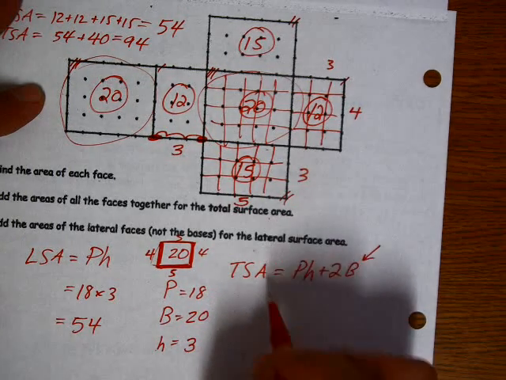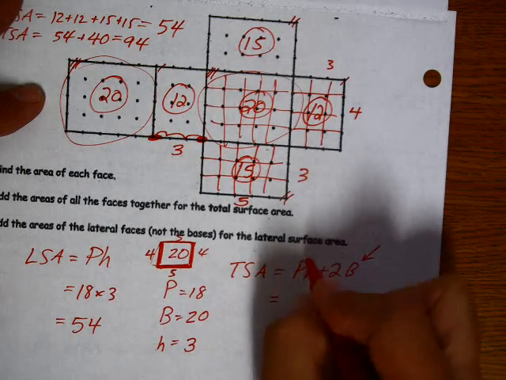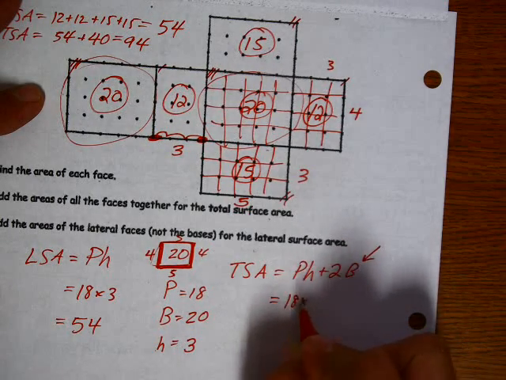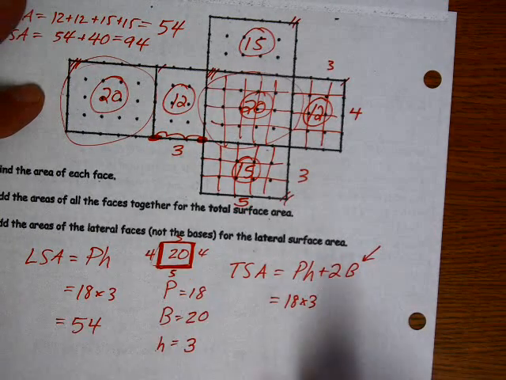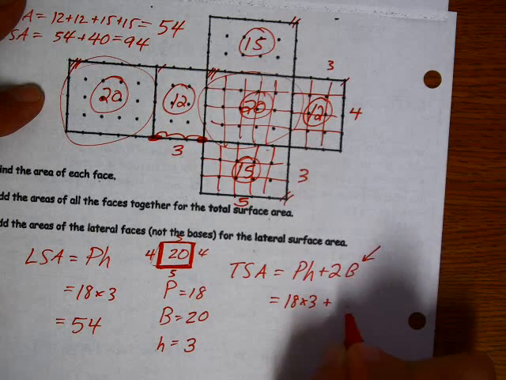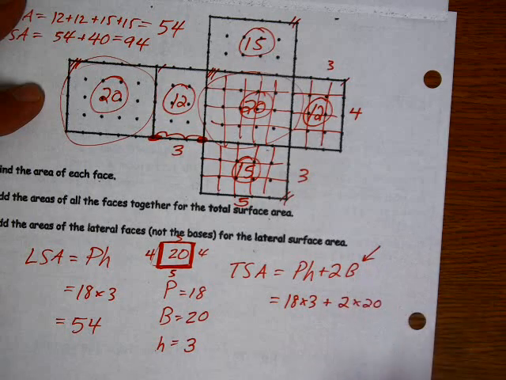Now, when we come over here to do total surface area, part of what we already did was the lateral surface area, the P times h, we already did that. If this was our actual problem as total, we would do 18 times 3 here. But now we're adding the area of the two bases, which was 2 times 20.